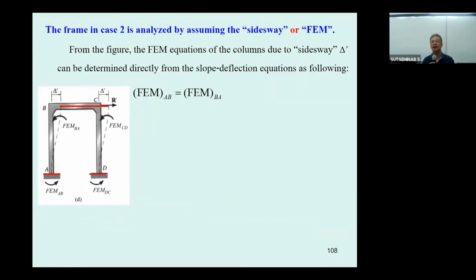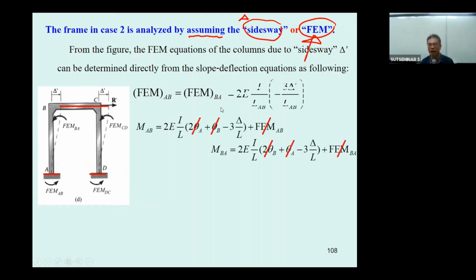The next two slides explain how you should assume, first, for the sidesway or for the fixed end moment. As I said, it is more convenient to assume the fixed end moment than to assume the sidesway, because if you put everything into the equation, you are going to do some computation to get the fixed end moment by this equation.